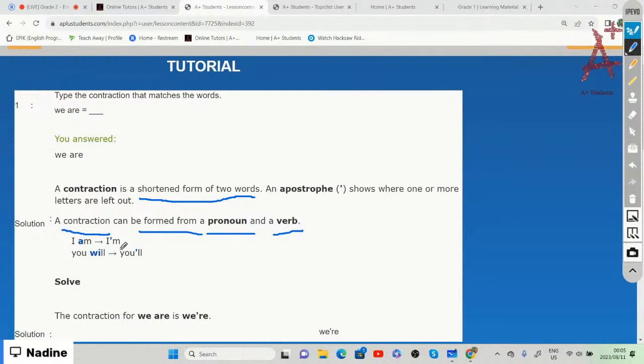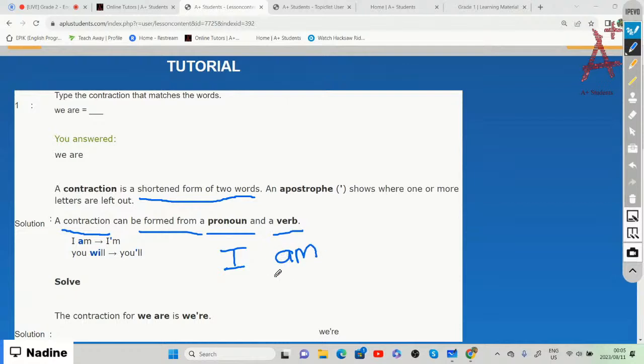So, for example, I am. These are the two words. Like I said, we put the two words together, but some of the letters are going to be left out. So I am is going to become shortened to I'm.